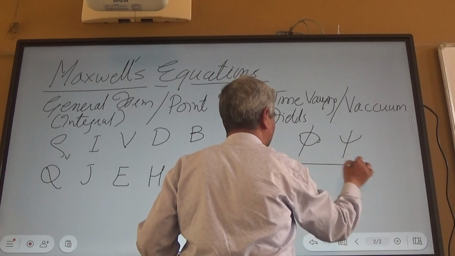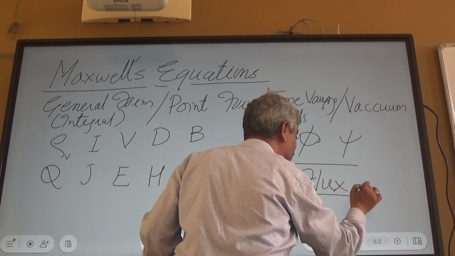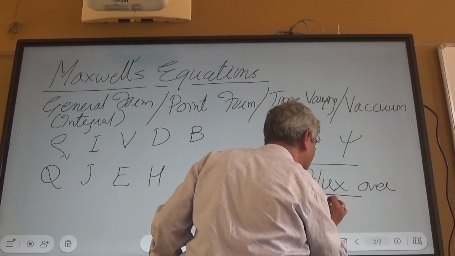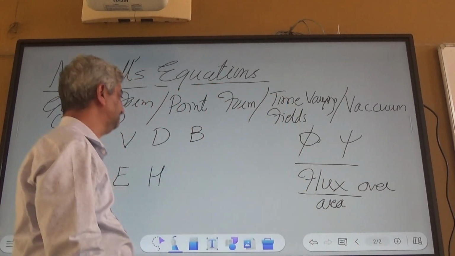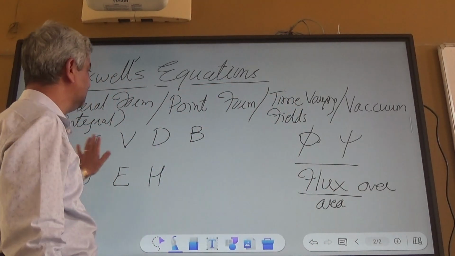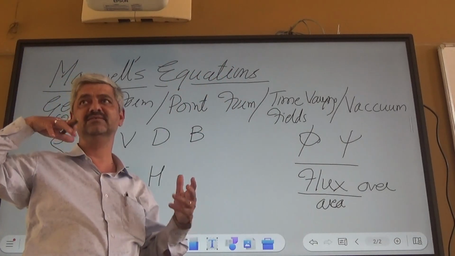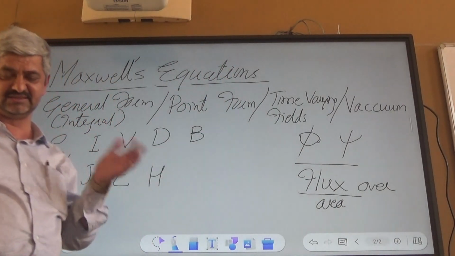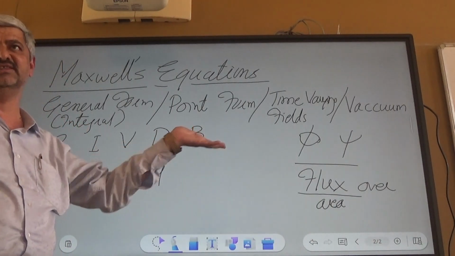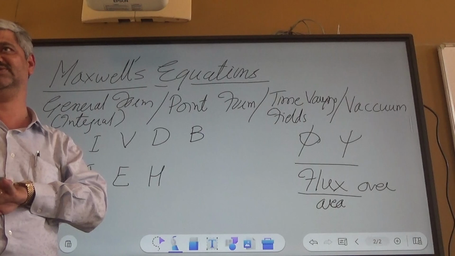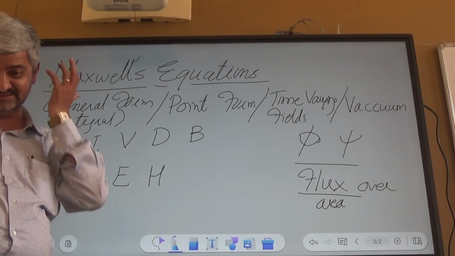There is no universal convention, but we say flux over area. So these things are known, and what we need is some kind of relationship between these terms and their differentials.